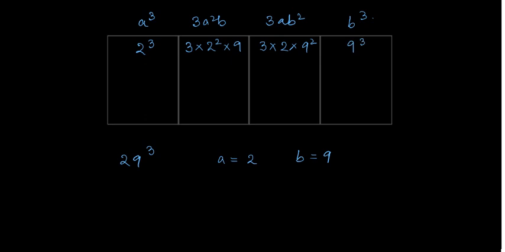So 9 cube is actually 729. 3 multiplied by 2 multiplied by 9 square gives us 486. 3 multiplied by 2 square multiplied by 9 gives us the value 108, and 2 cube is 8.